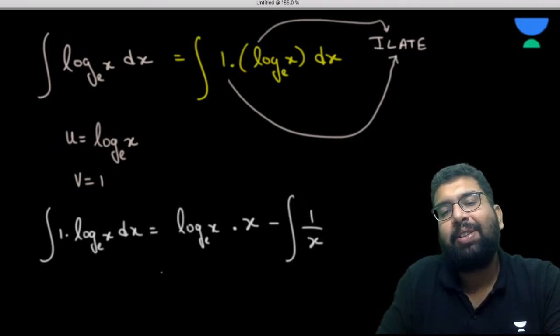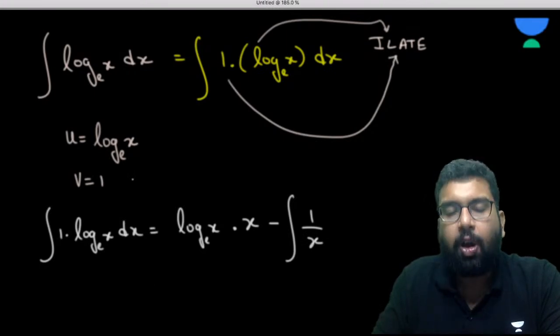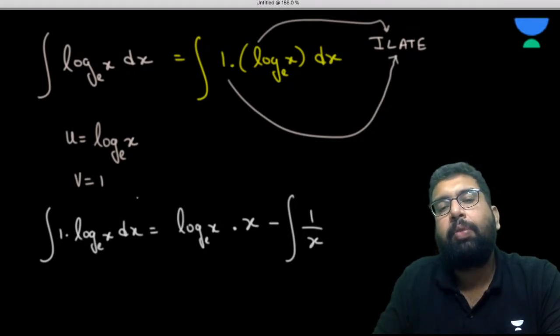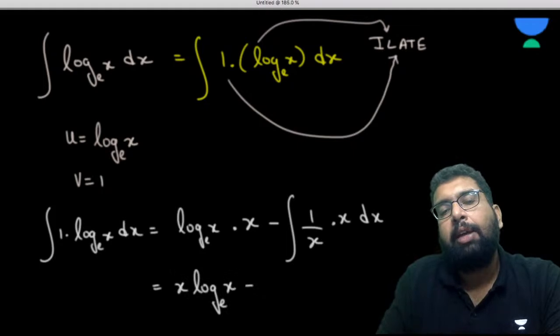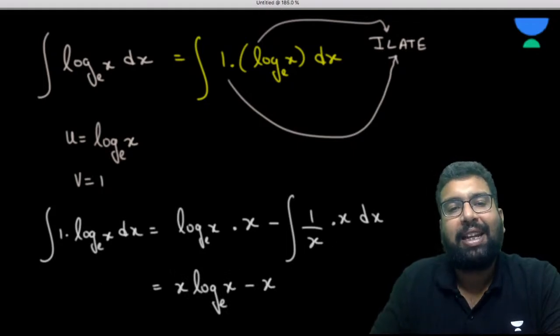The differentiation of log base e x is going to be 1 by x, and then you are integrating this v, which is becoming x here. So it will become x log base e x minus integration of 1 dx, which is equal to x only.